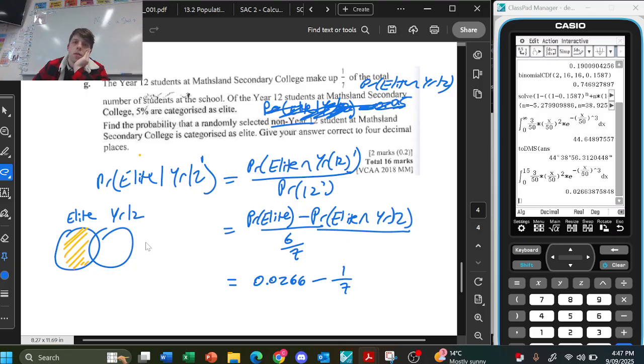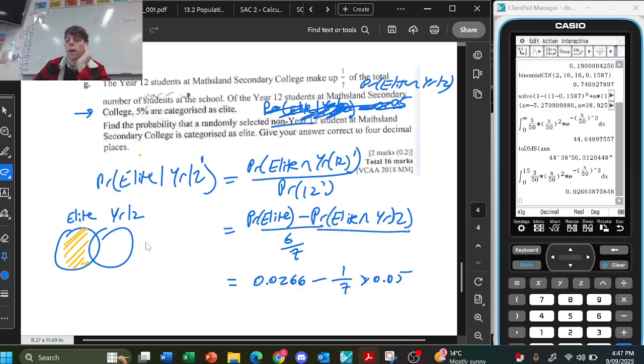That is 1/7. And then once we know that they're in year 12, the probability that they are elites is then 0.05. So we actually need to multiply it by 0.05. So that is the probability that they're elites given that they are in year 12. No, I was right that time. Yeah, so that is the probability that they're elite given that they're in year 12.